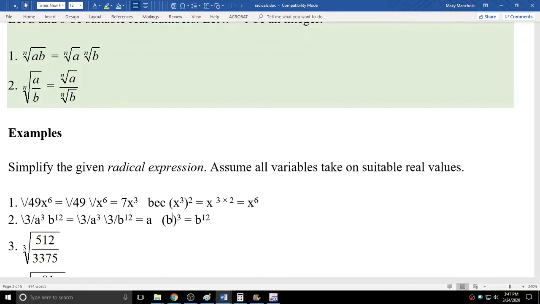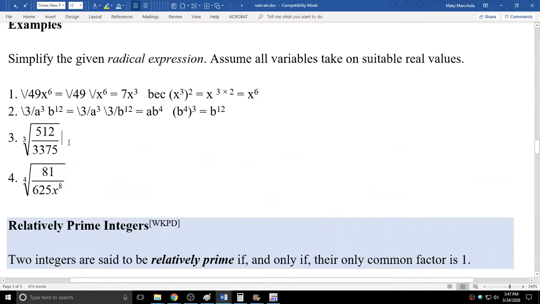The question is, what is the power? Well, that power times 3 better be 12. So that power has to be 4. So what is the cubic root of b to the 12th power? Answer, b to the 4. Because it is b to the 4 that you raise to the 3rd power to get b to the 12th.